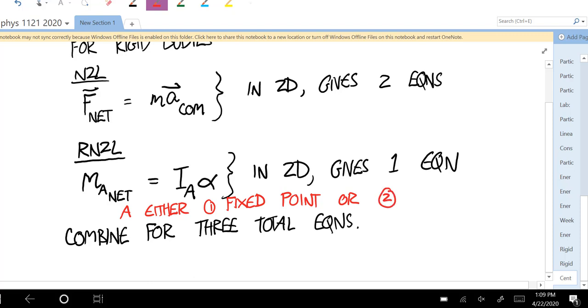Or, because not every body in 2D has a point that's fixed, it can also be the center of mass.